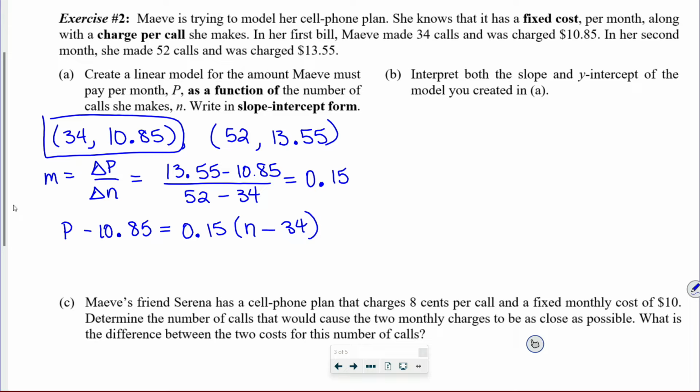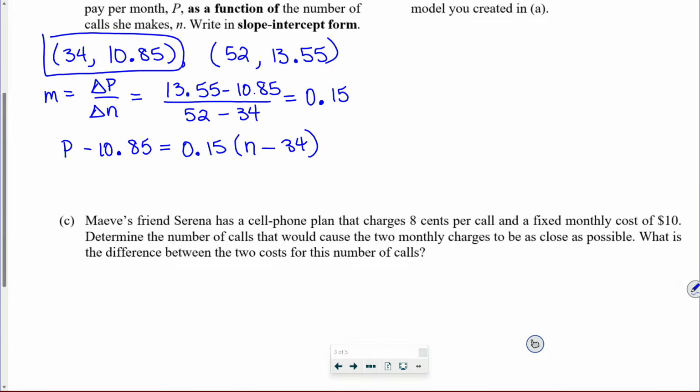Now, we looked at this earlier in a different lesson, but I can now distribute the 0.15. So this is my nice point-slope form. It gives me P minus 10.85 equals 0.15N minus 5.1. That's what I get when I do 34 times 0.15.